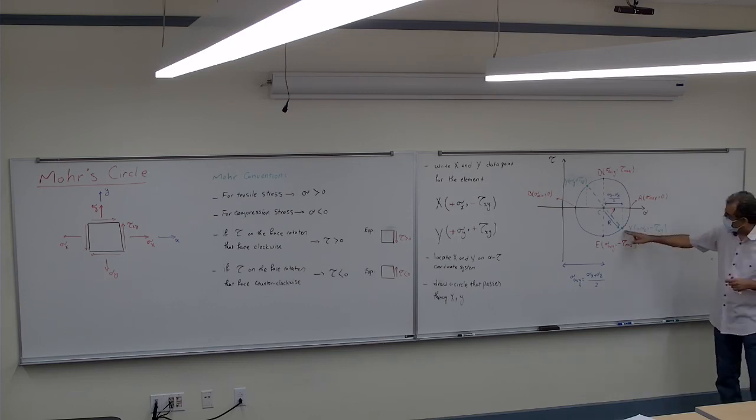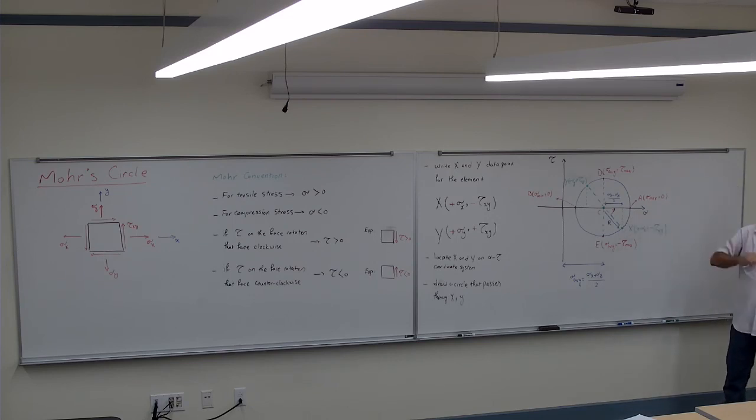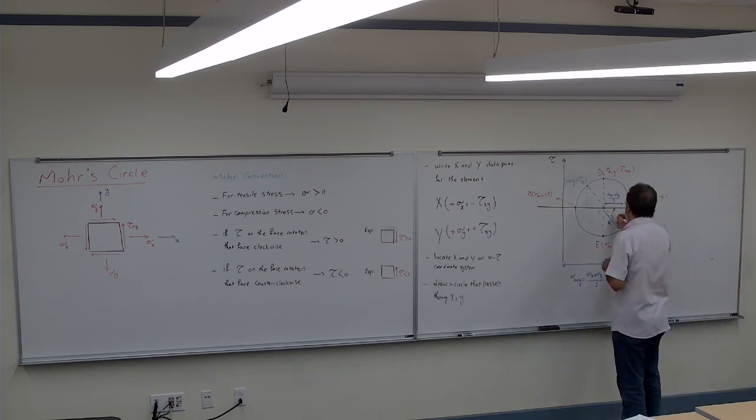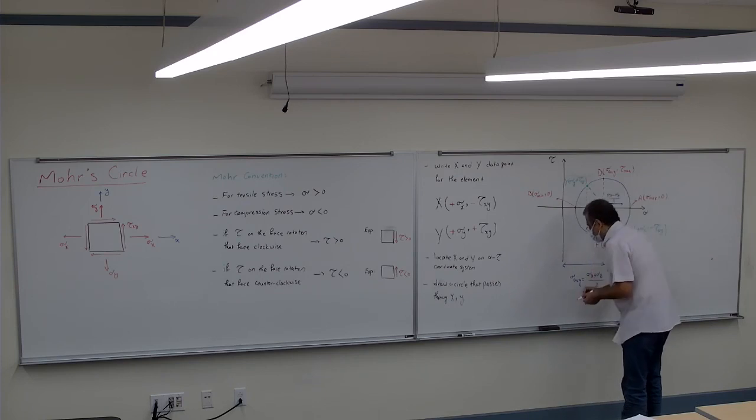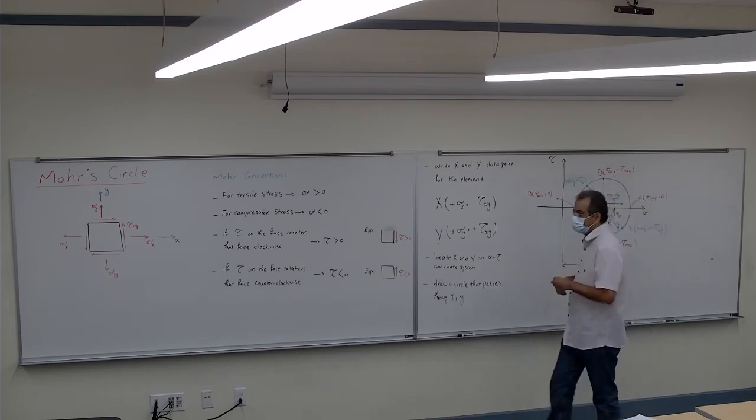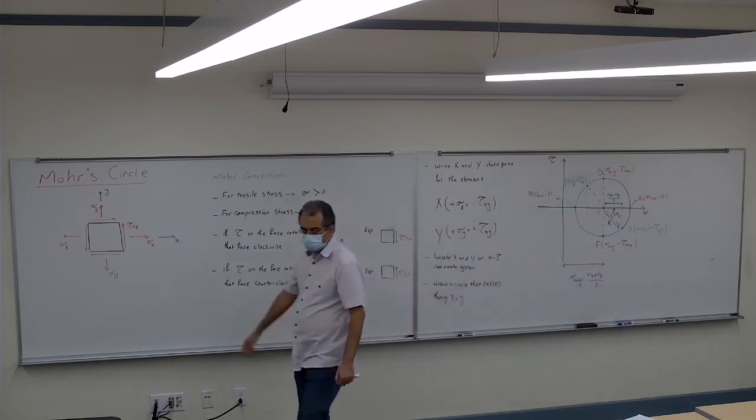This angle from X to A was 2 theta p, correct? The angle that you get the maximum, or where you get the maximum stress, or the principal axis. So that's going to be 2 theta p.